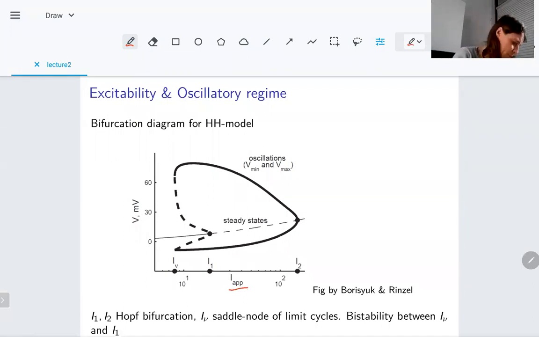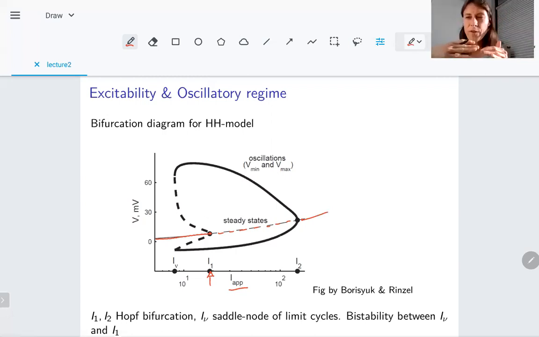We first have a stable equilibrium point, for which we are showing the corresponding voltage coordinate. And then at a certain value of the applied current, this equilibrium point becomes unstable, which is indicated here with the dashed line, until at another value of I applied, it becomes stable again.